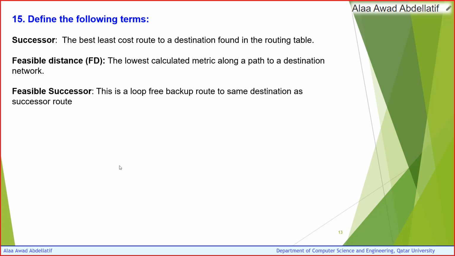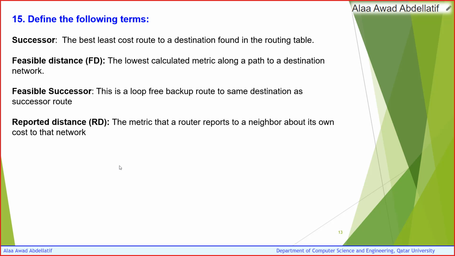Feasible successor, loop-free backup route. But the best route is the successor. But the other loop-free backup route to the same destination, we name it feasible successor. So if the main successor fails or goes down, we can use a feasible successor as a new successor. But a successor is the best least cost route, and a loop-free backup route, we name it feasible successor.